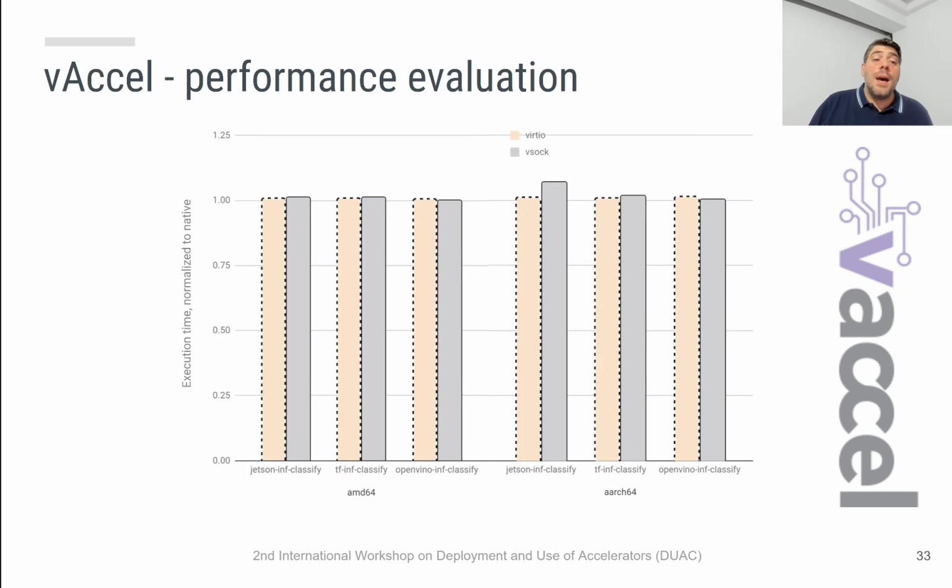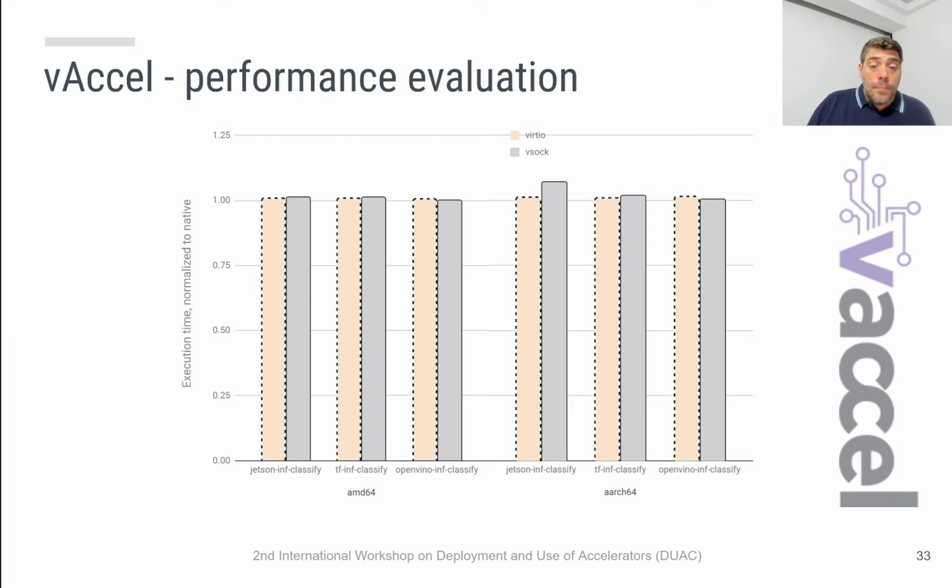This is the execution time normalized to native. So the x-axis shows the normalized time. 1 is native. Anything above 1 is the overhead by our framework. The light bars show the virtio plugin, so the one with the patched hypervisor, and the gray bars show the vsock plugin, the execution over sockets.